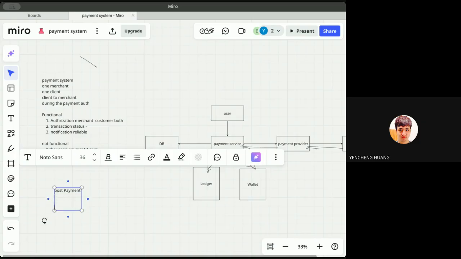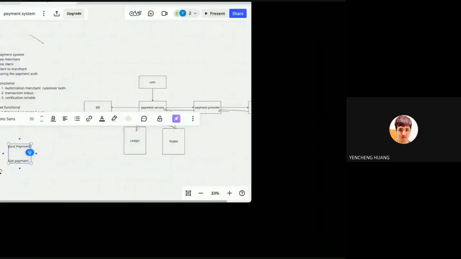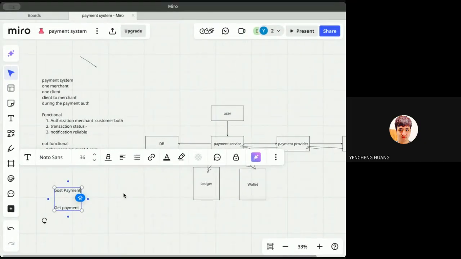And the second is the get payments. It's that we just get all your payment status. And the payment systems, there are 2.